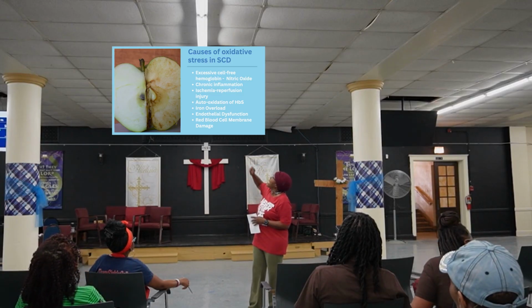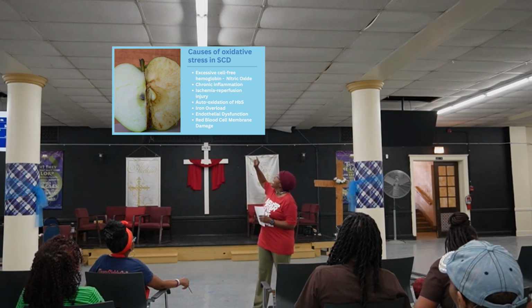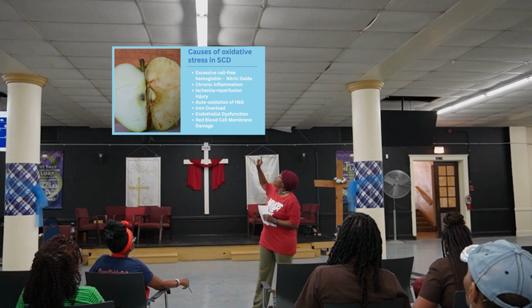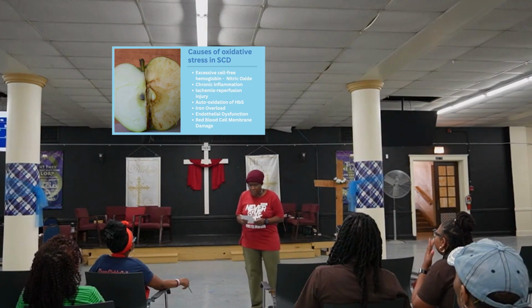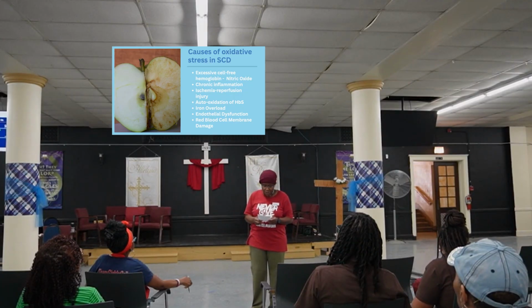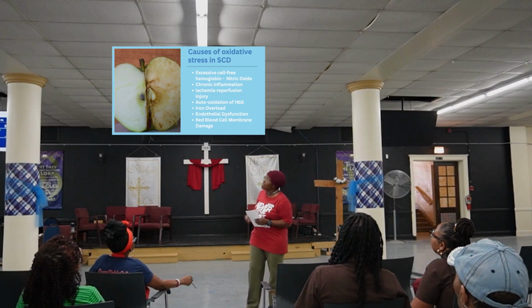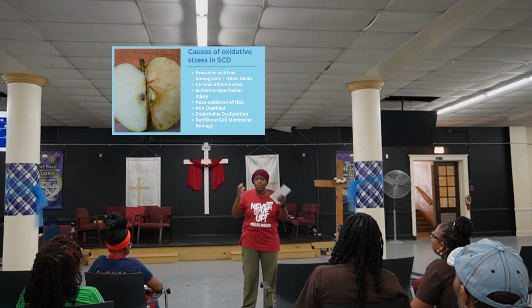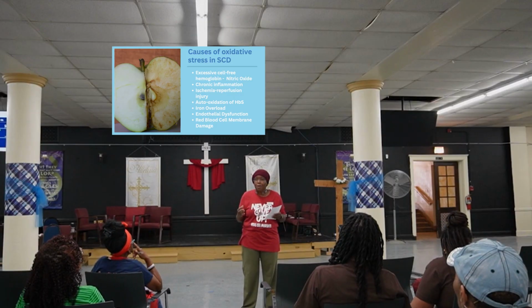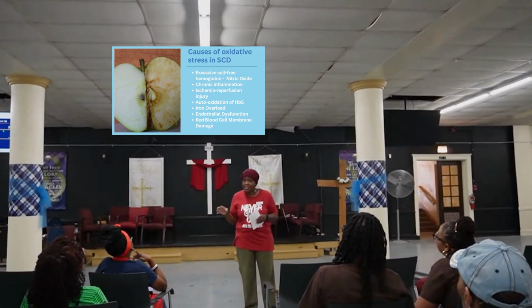So we're looking at what are the causes of oxidative stress in sickle cell disease. We have red blood cell oxidation, chronic inflammation, ischemia, perfusion, and reperfusion injury. What does all that mean? Red blood cell oxidation is just what I explained. The cells are fragile, they break apart, and the particles inside the cell are now outside of the cell.